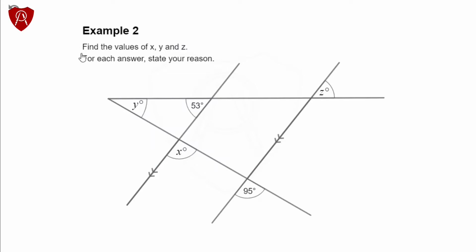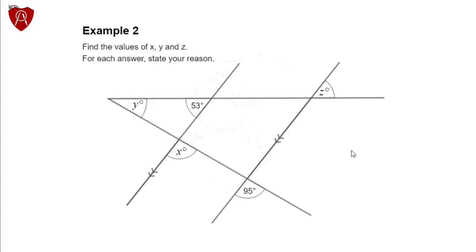Example 2. Find the values of X, Y, and Z. For each answer, state your reason. This diagram here consists of two parallel lines, these ones, and two transversals.